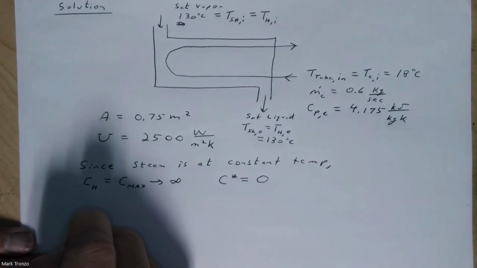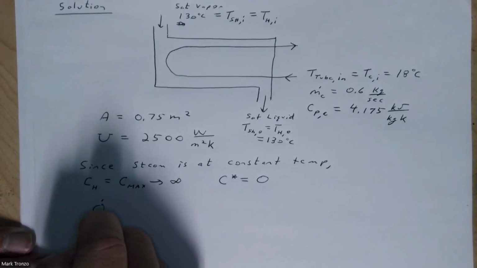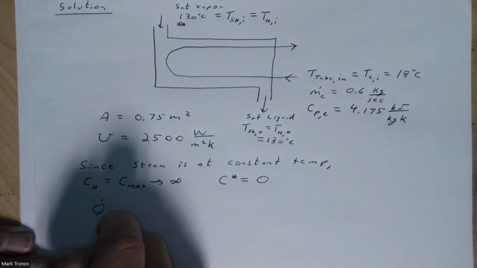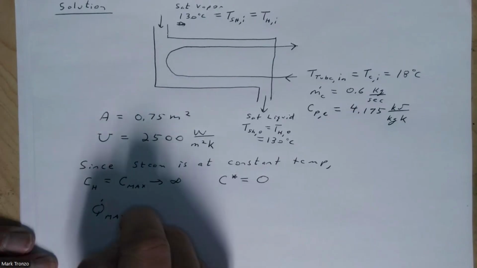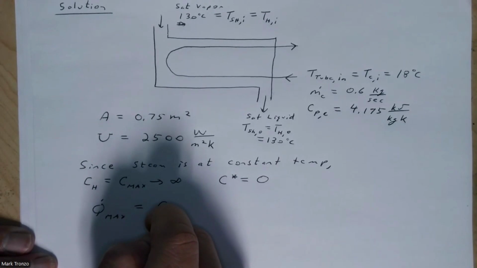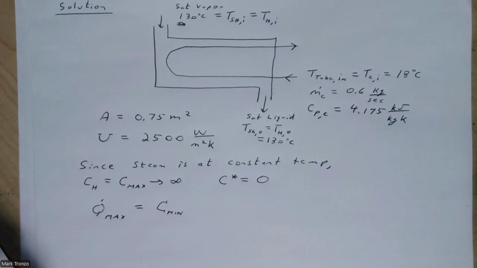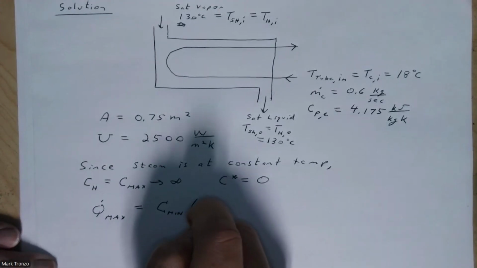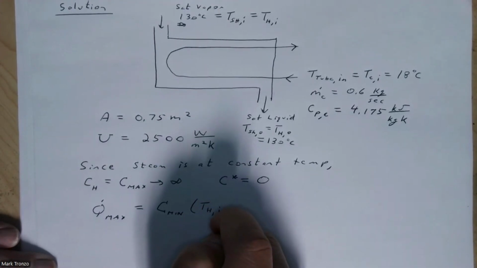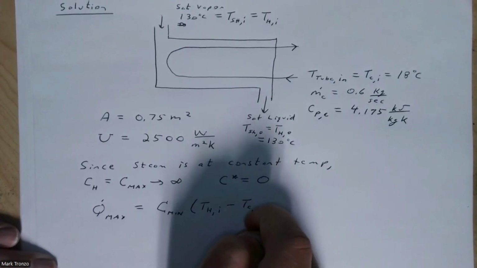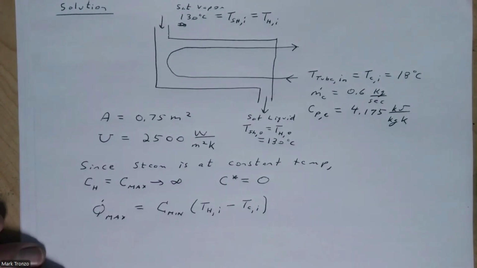So now we can calculate our Q max, and our Q max is going to be equal to our C min, according to the formula I showed you, times T hot in minus T cold in. Again, because C max was the hot fluid, therefore C min is going to be the cold fluid.